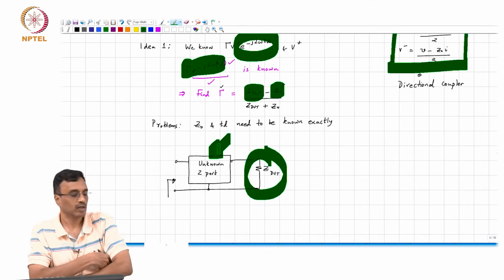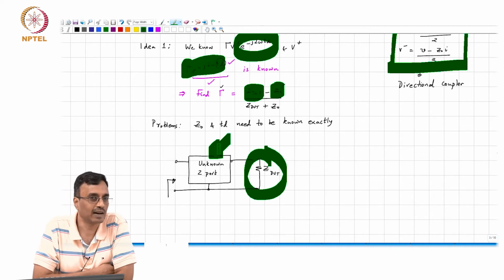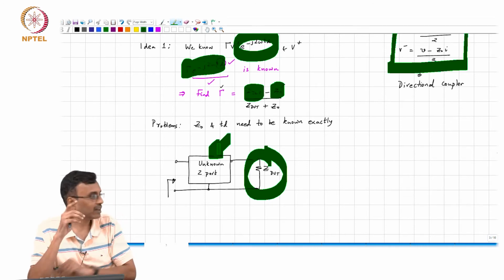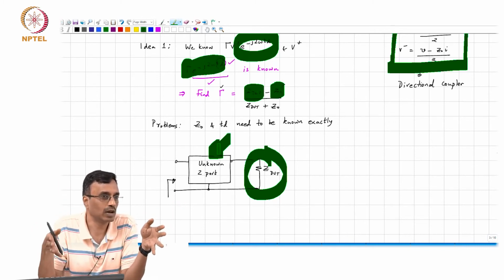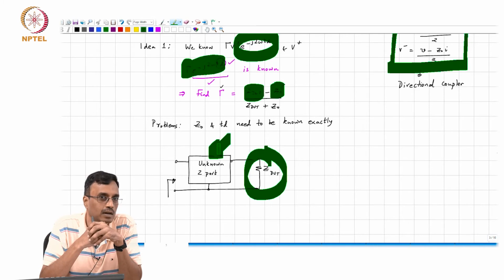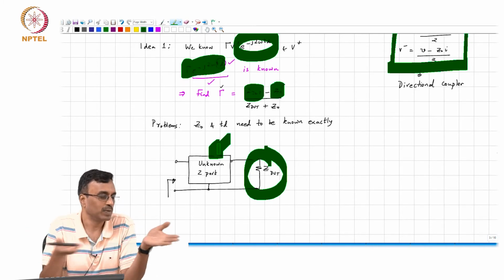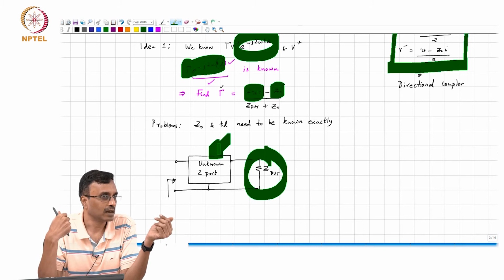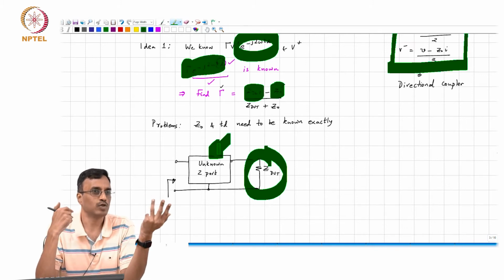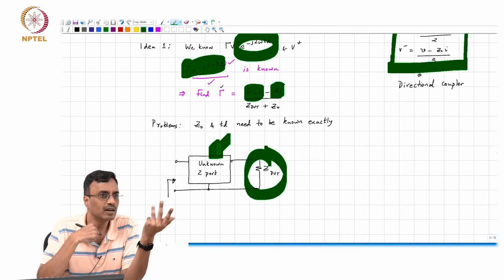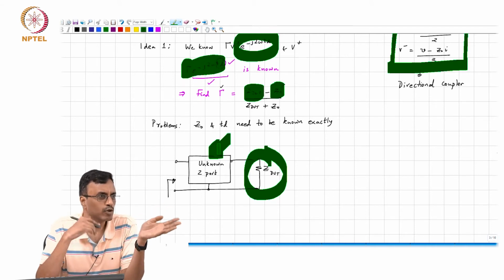Now, how many parameters do you need to characterize that unknown 2 port? In general for a 2 port you need 4 parameters, but what is so special about this unknown 2 port between your measurement equipment and the actual Z dot? It's passive, and time invariant, and therefore it is reciprocal. So, how many parameters do you actually need? In general you need 4.